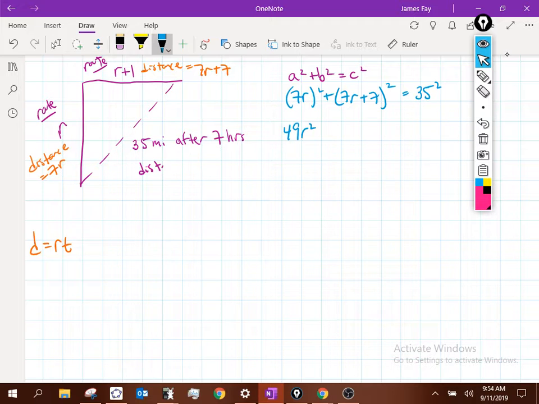So give me 49R squared, another 49R squared. 49 times 2, that's 98R, followed by another 49, is equal to 35 squared, which is 1225.